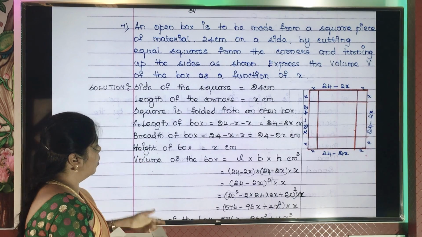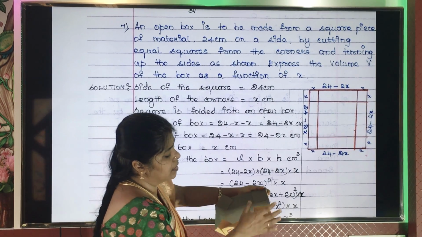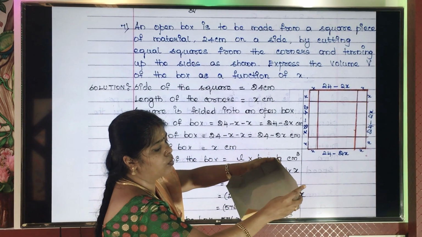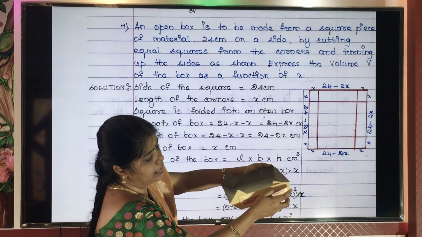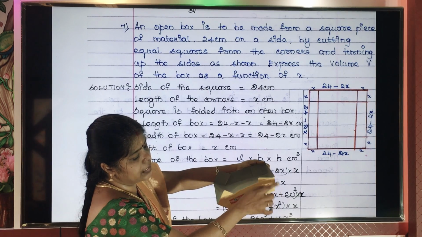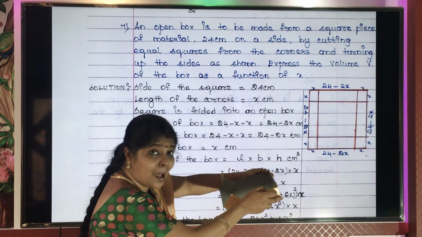Now we do not know what is the height. But after folding, see, this cut part, this x centimeter is what is getting folded up. Can you see? Yes. So this is what is getting folded. So how much is it getting folded? X centimeter is getting folded up.